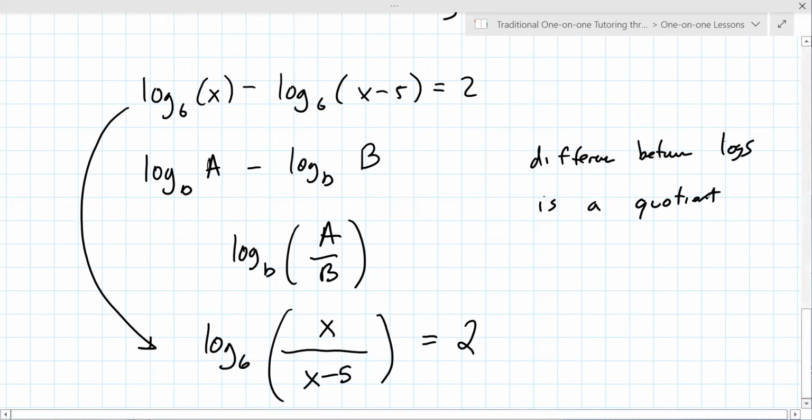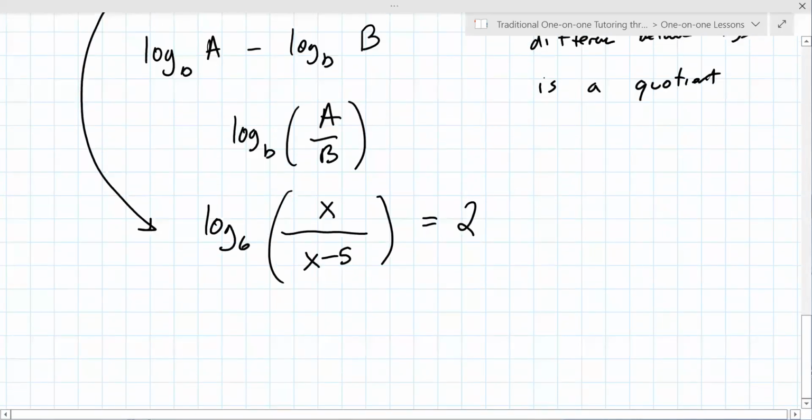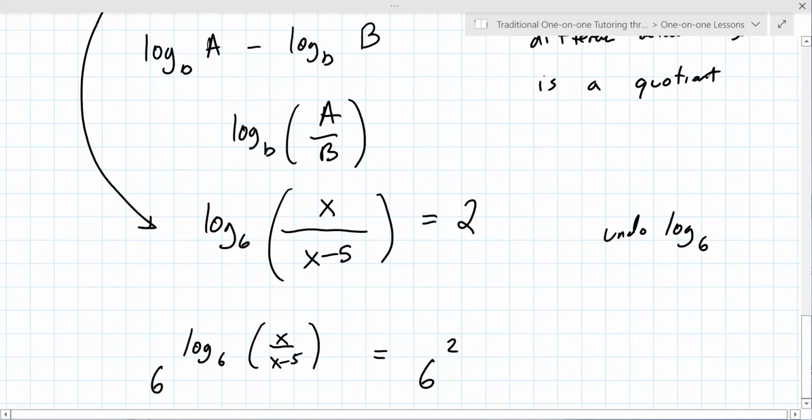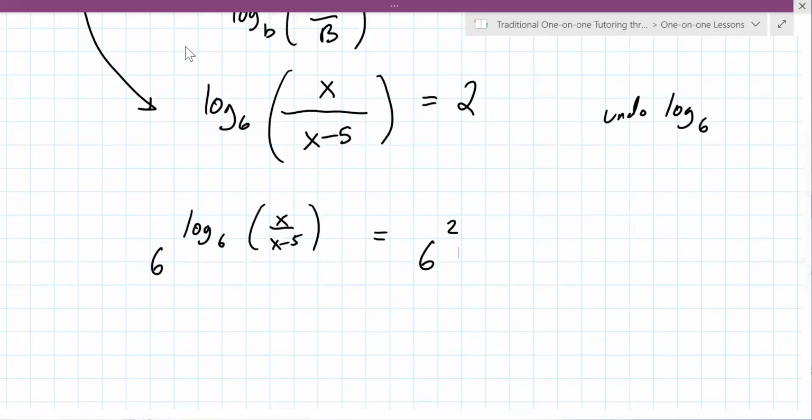So now that you have this, you're still not there. You have to undo the logarithm, log base 6. To do that, use the 6 as a base for an exponent here, like this. And on the right, it's the same thing. You use the 6 as the base here, but it's also the base of the log, so it effectively cancels out.